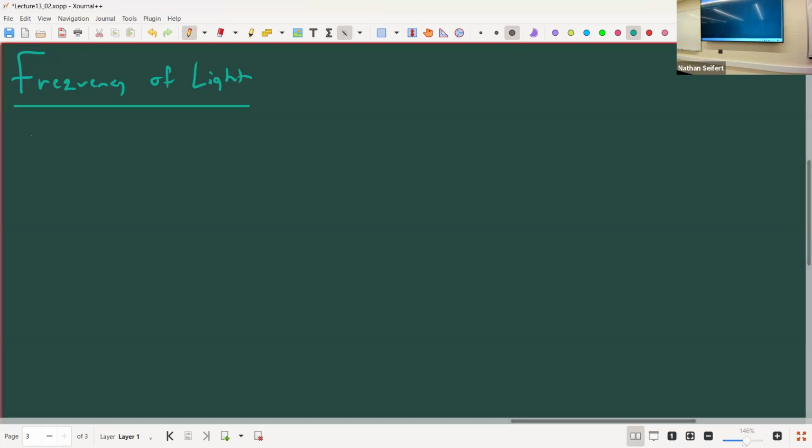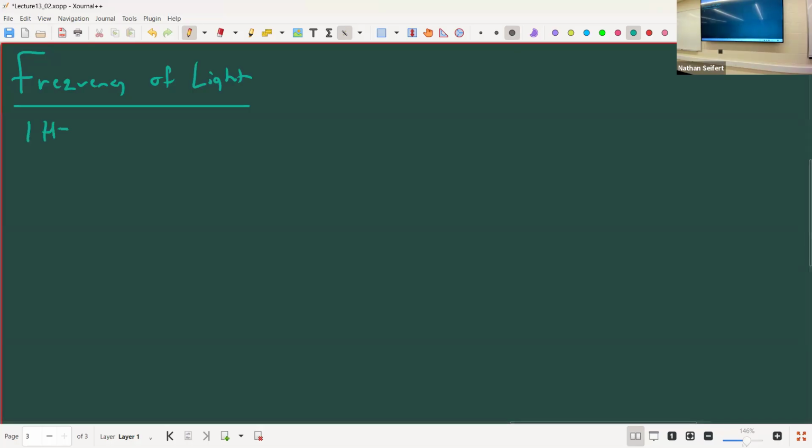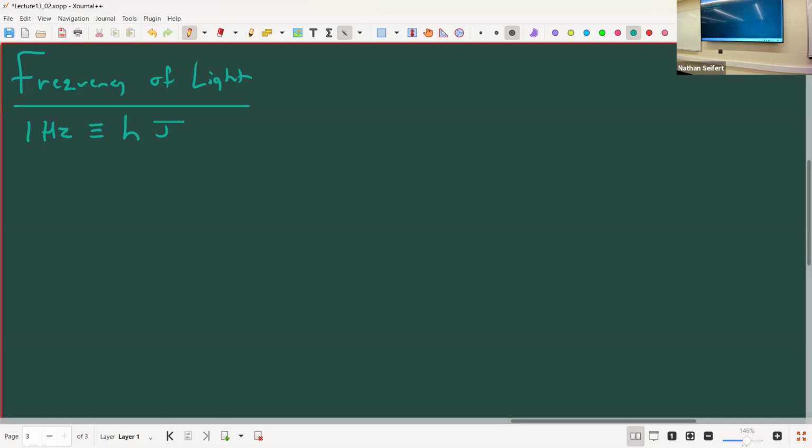So the frequency of light, a 1 hertz wave is h equivalent joules, h joules.